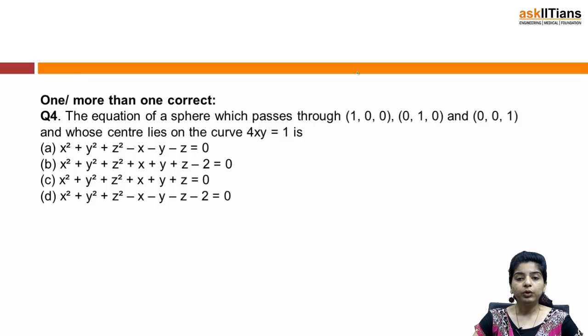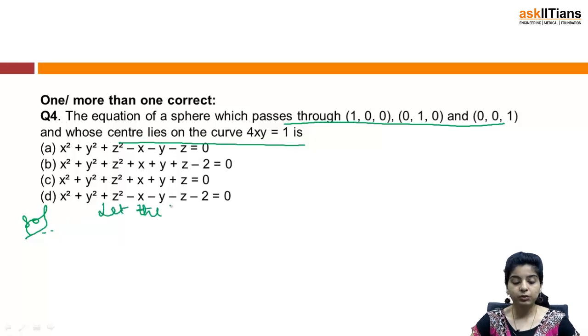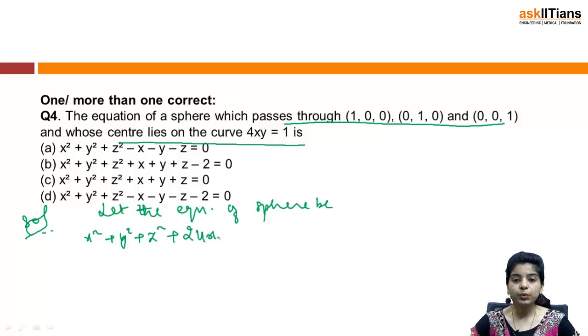Next is one or more than one correct. The equation of a sphere which passes through these coordinates and whose center lies on the curve is, okay. So first of all, again we will assume the equation of sphere: x² + y² + z² + 2ux + 2vy + 2wz + d = 0.